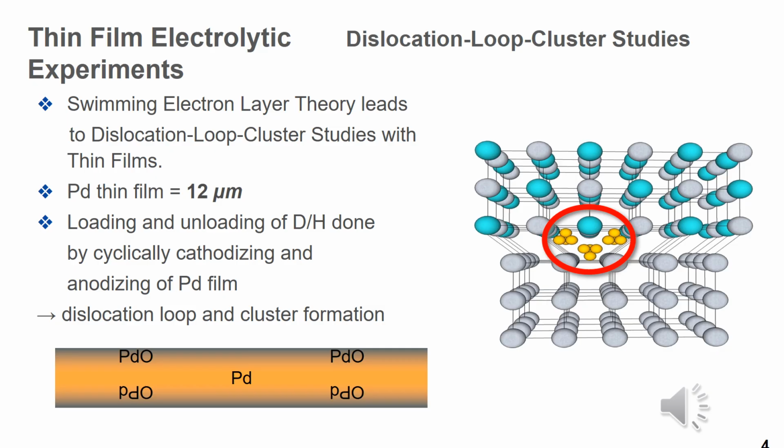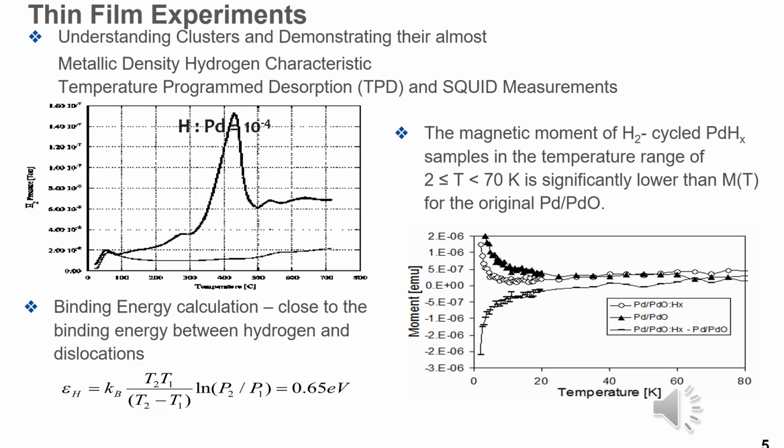This is illustrated schematically in the drawing. Circled, you see the clusters, which don't show up well here, but could be 100 or 1,000 atoms of deuterium. We have done considerable study to illustrate the formation of these clusters.